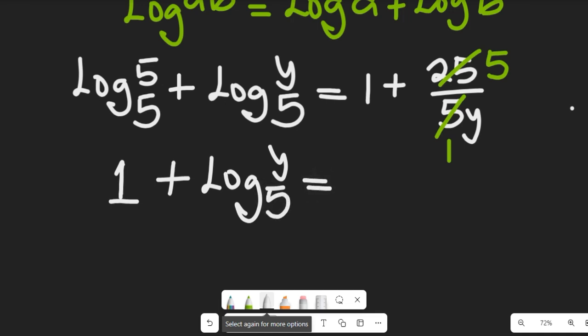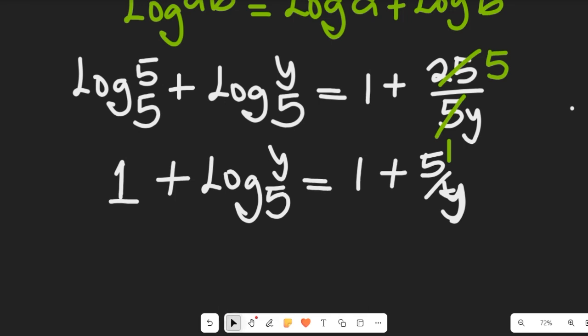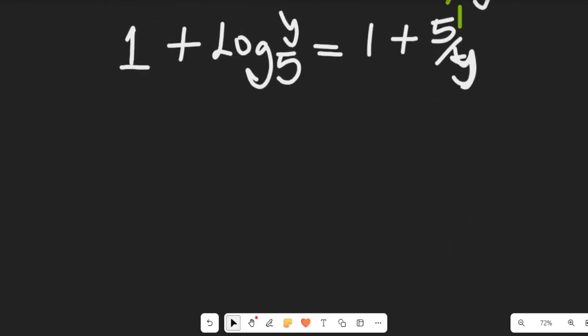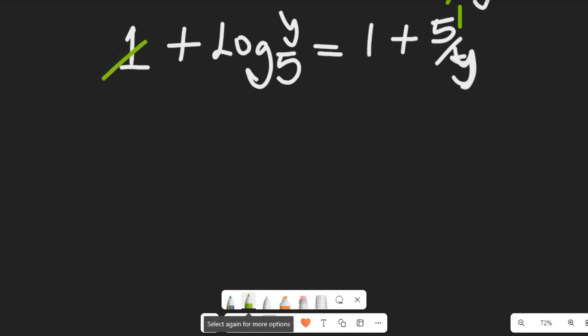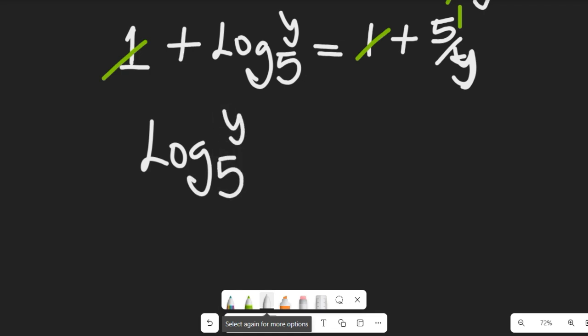This will be equal to 1 plus 5 divided by y. Great. Now from that reduced expression, if I subtract 1 from both sides, 1 will clear off 1, and then I'll have my log of y base 5 equal to 5 divided by y.